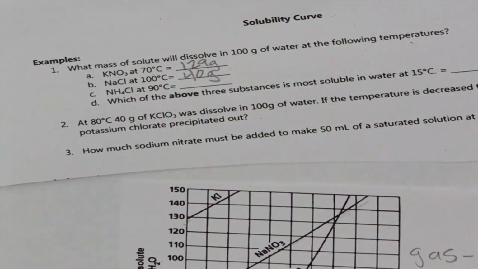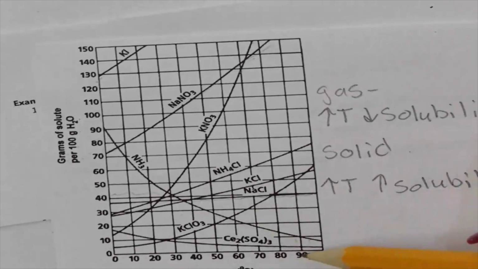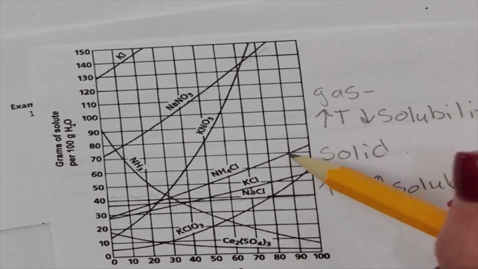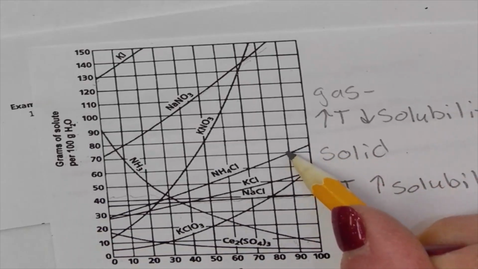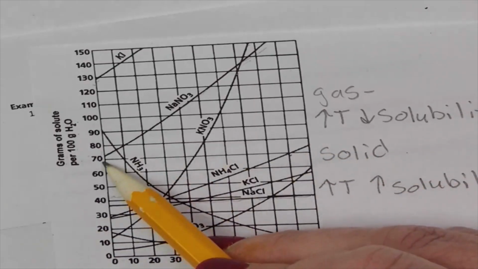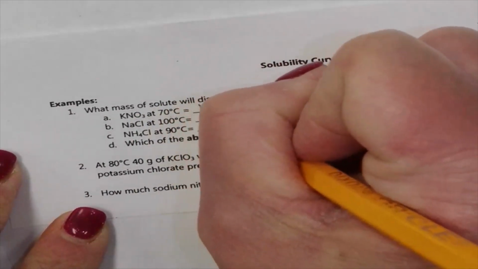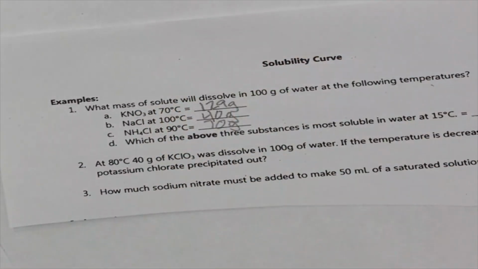All right, where is ammonium chloride saturated at 90 degrees Celsius? So at 90 degrees, we're going to come up to our ammonium chloride line, and we see that its point of saturation is at 70. So I could get 70 grams of ammonium chloride to dissolve in 100 grams of water at 90 degrees Celsius.